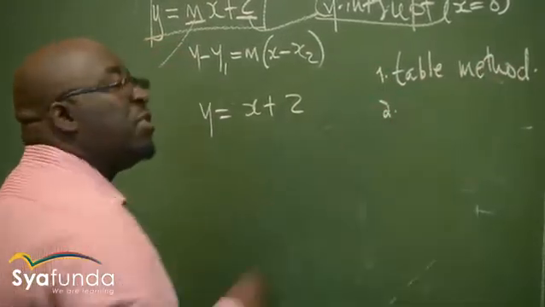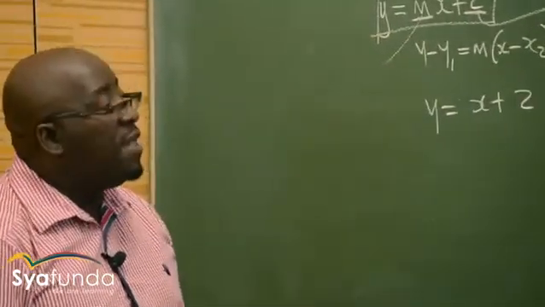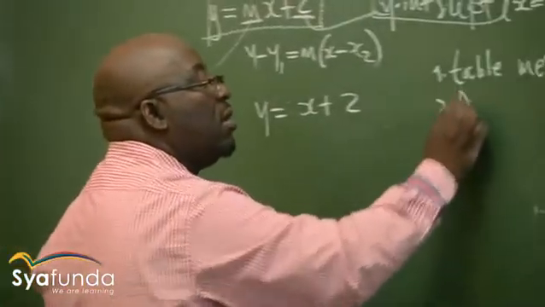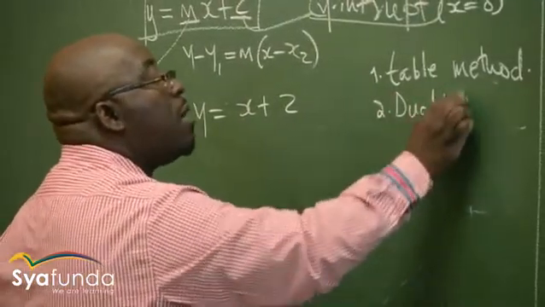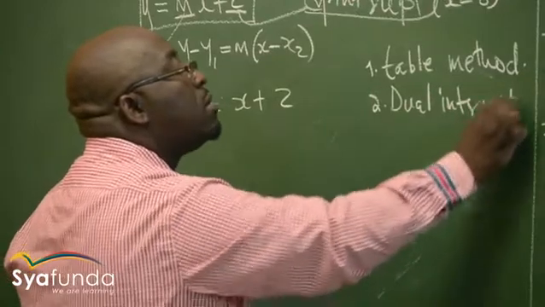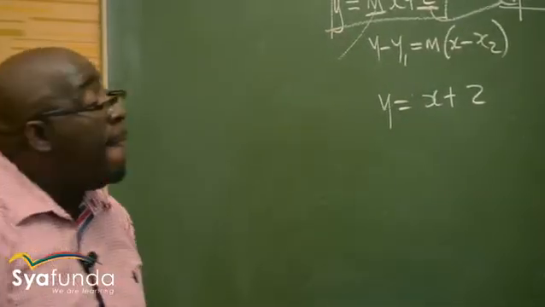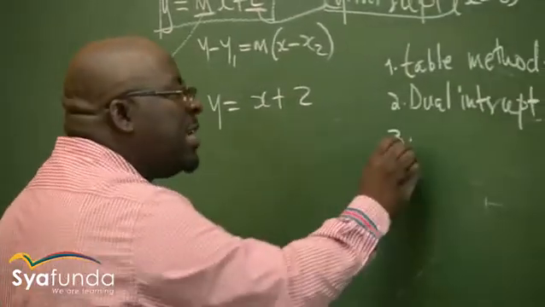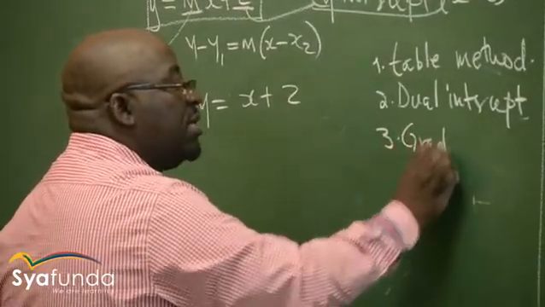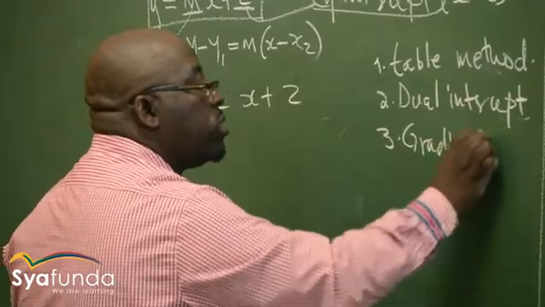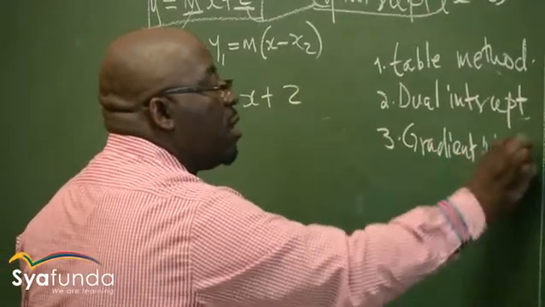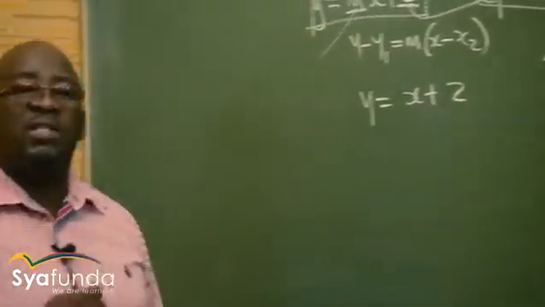The second method of sketching the graph is called the dual intercept method. And the third method of sketching the linear graph is called the gradient intercept method. Right, these are the three ways in which you can sketch these graphs.